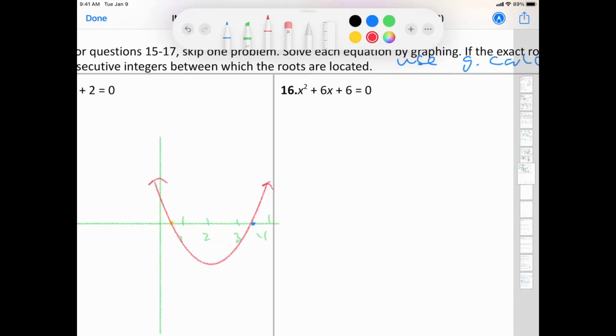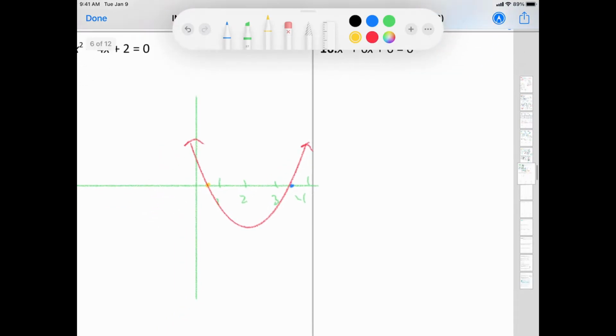Something like this. So then we're saying the yellow one is between 0 and 1. That's what that one is. And this one over here is between what? Between 3 and 4.